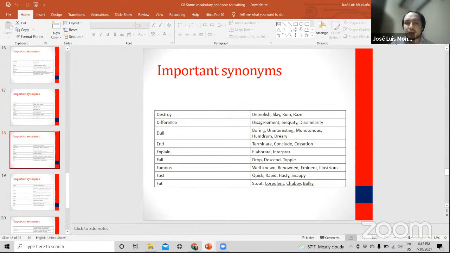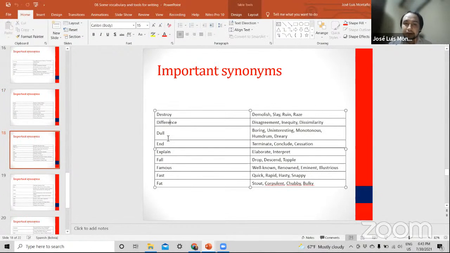Then here, difference, this is interesting, you may use a lot. Explain, of course. Those are the most important ones. Famous, perhaps. So difference: disagreement, inequity, and dissimilarity. These are interesting words.